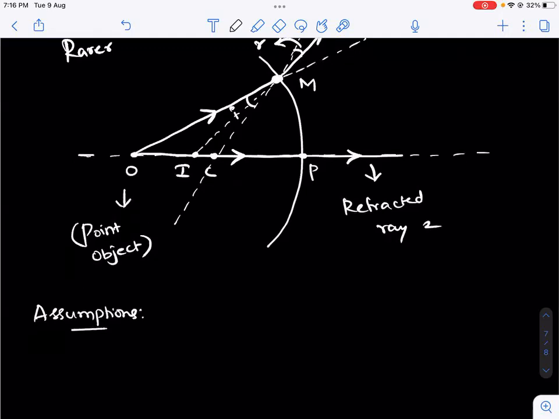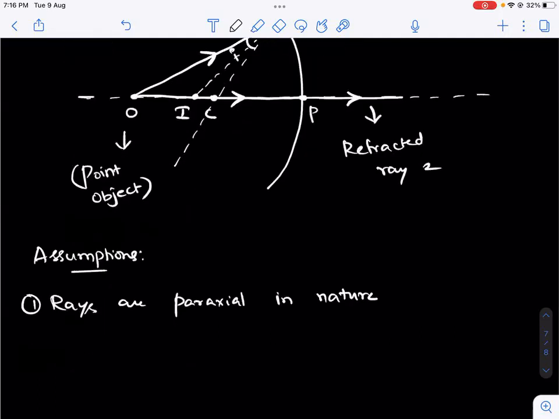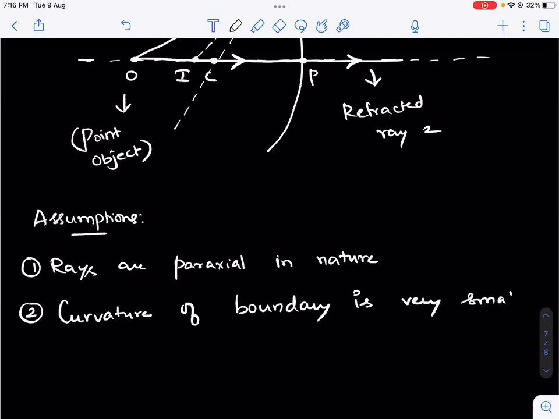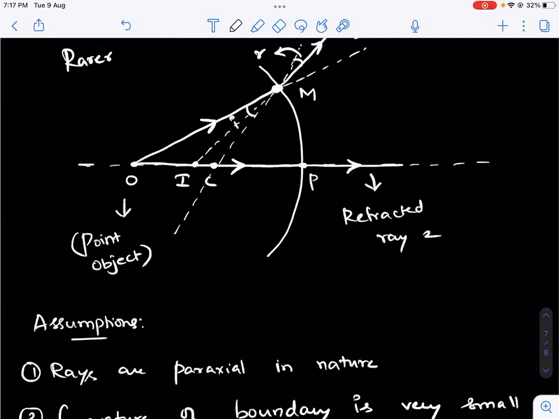The assumptions taken into consideration are: first, rays are paraxial in nature, in the sense they are very close to the principal axis. Second, curvature of boundary is very small, such that we can say that this PM is there, right?